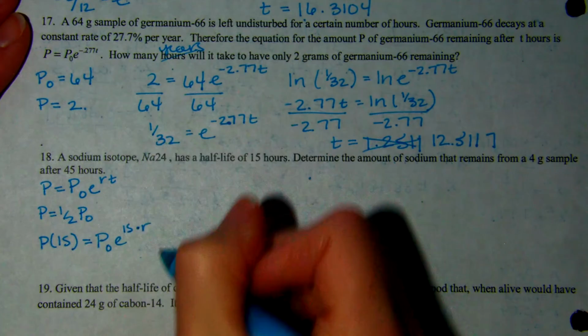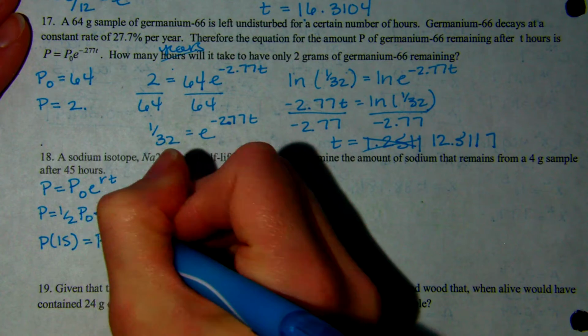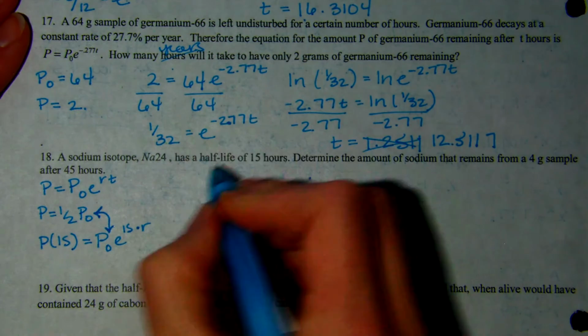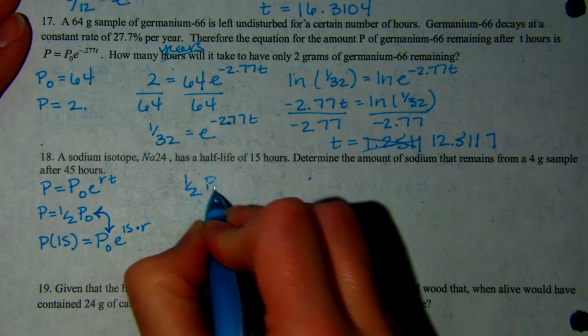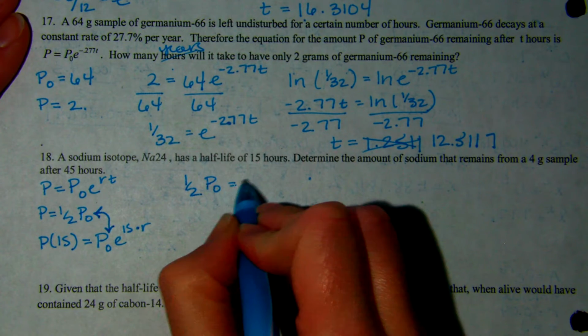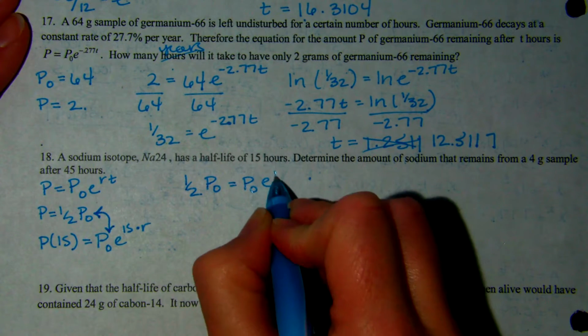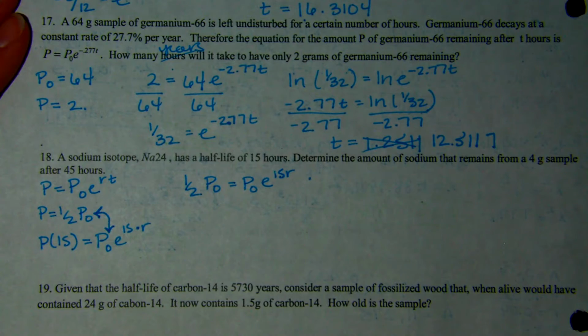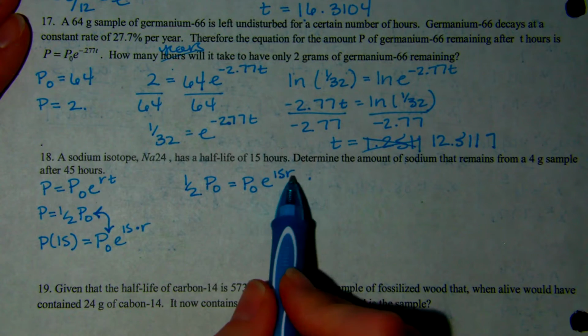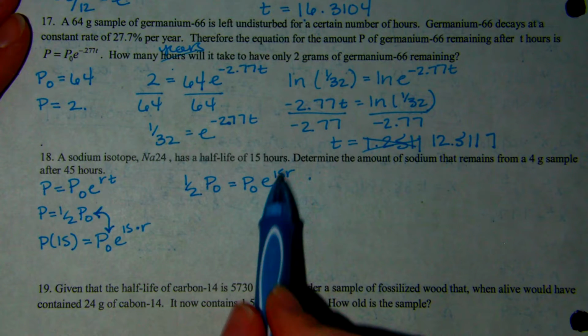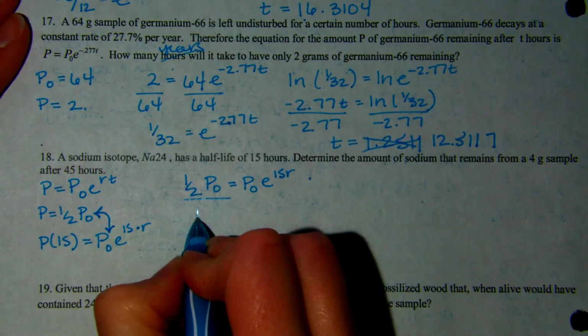And so we set these two things equal. So this is 1/2 P sub 0 is equal to P sub 0 e to the 15r. And we're looking for that rate, we called it k on the worksheet, but it's the rate at which we're losing the isotope.